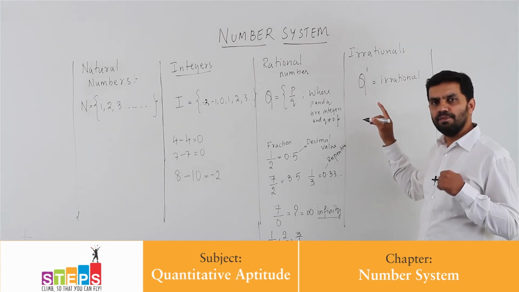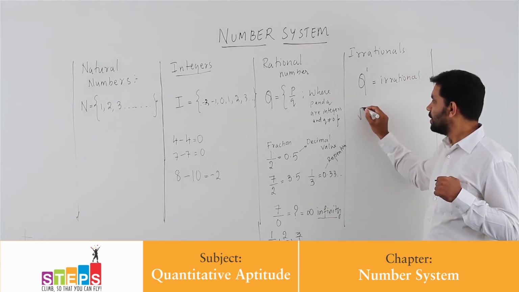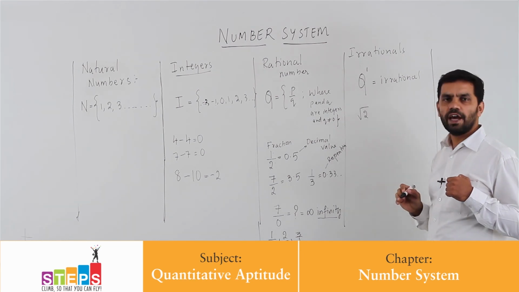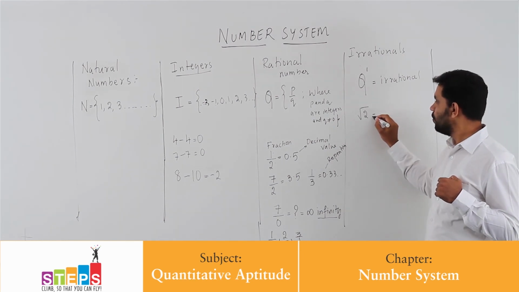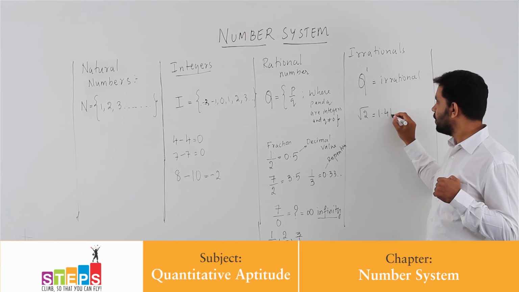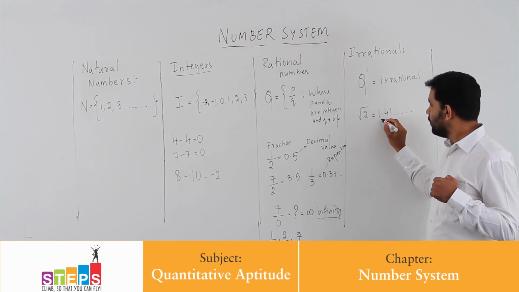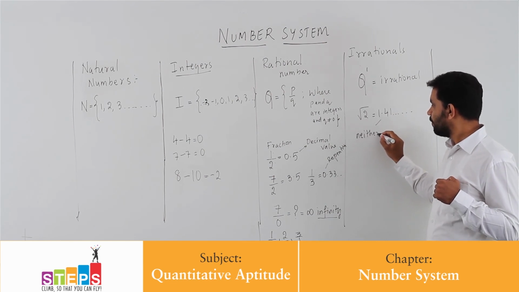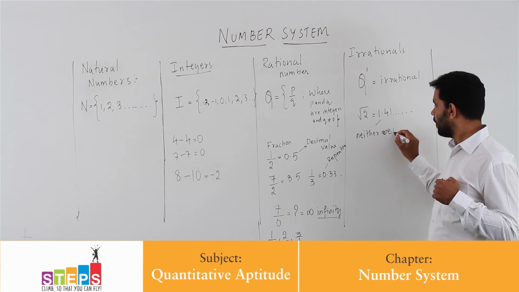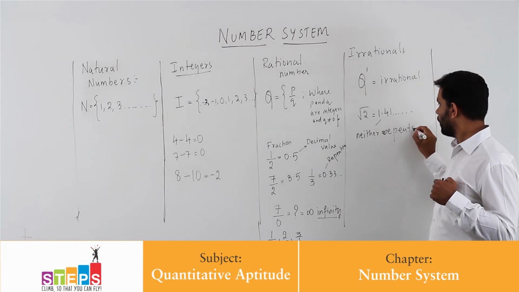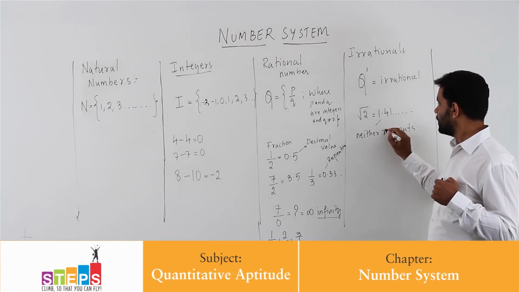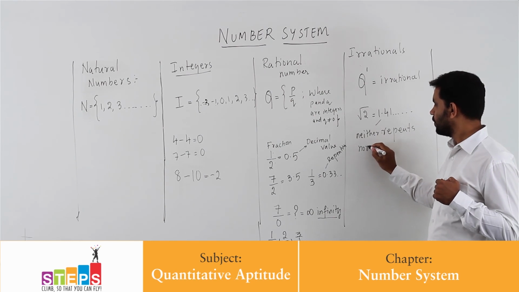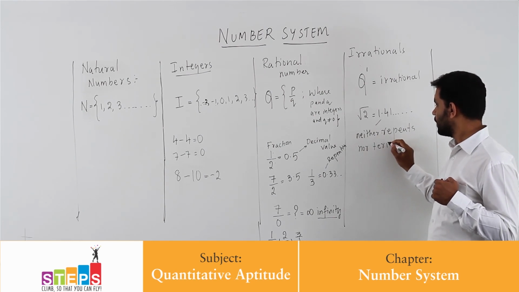These are numbers such as square root of 2, which is 1.41, and so on, it continues. This kind of decimal neither repeats nor terminates.